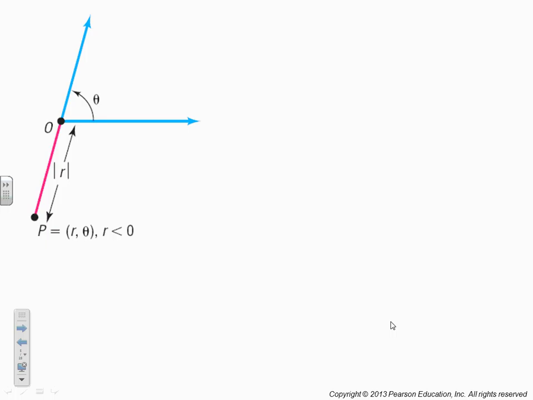All right, so the radius, if you have a negative radius, it takes you in the opposite direction. Normally we would go an angle theta and then out along that angle. What a negative radius does is it reverses your direction by 180 and takes you in the opposite direction.